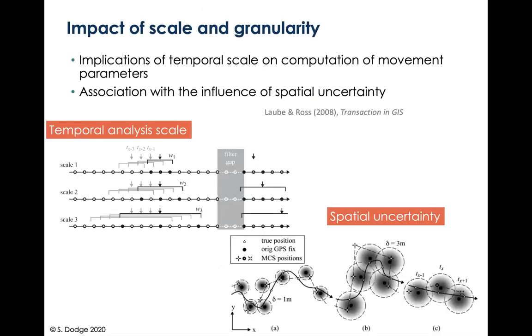Because I want to talk about the impact of scale in my analysis, I thought I would introduce this paper. If you haven't read it, I'm very inspired by the work Patrick Laube and Ross Purves did in 2008 to look at how the temporal granularity of GPS tracking data impacts the analysis of movement, starting with the basics of calculating movement parameters such as speed, turn angle, or other parameters.